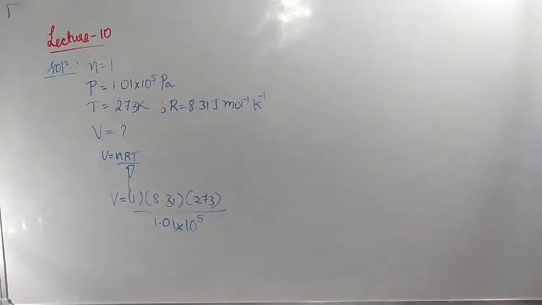Calculate this value, how much do you get? n, the number of moles, 1, substituted correctly. R value 8.31 correct. Temperature value 273 correct. Pressure value 1.01 into 10 to the power of plus 5. Just calculate this one.